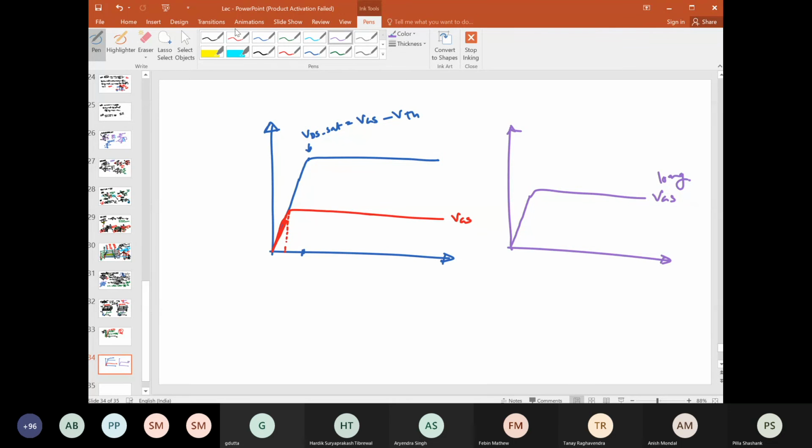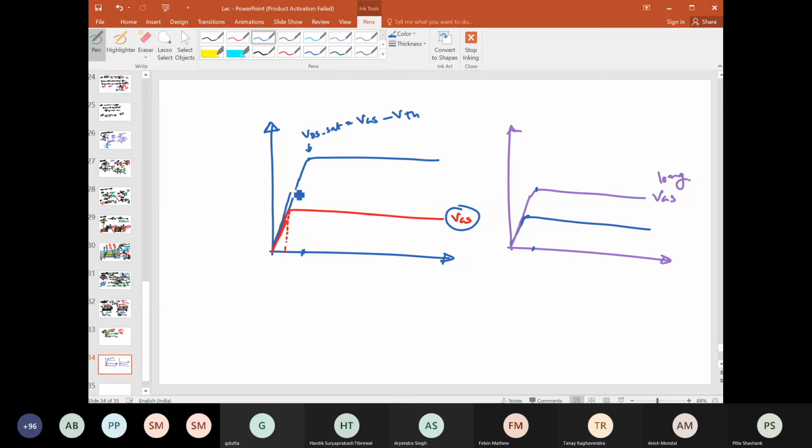Here for the short channel, what will happen? You do not even go to this region. Before that, the current will saturate.